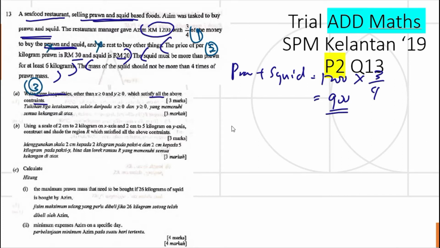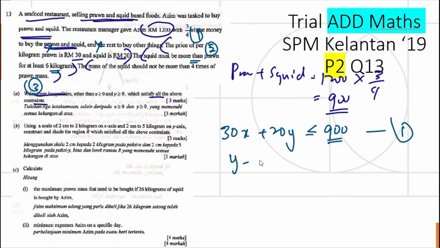So we know 30 ringgit of prawn plus 20 ringgit of squid should be less than or equal to 900 because we only have 900. The squid must be more than prawn by at least 6 kg, so squid minus prawn, y minus x, should be larger than or equal to 6.